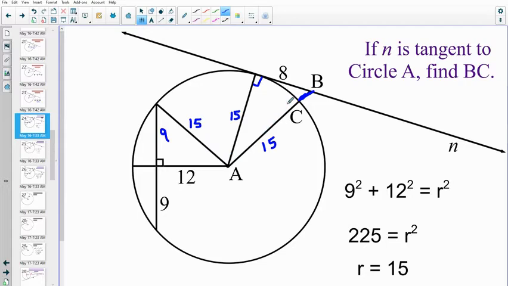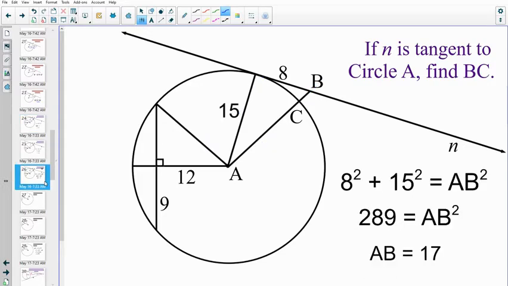Now careful, this 15, that's AC. The rest of this segment all the way out to B is a little bit more than that. And so as I'm doing this, I know this is 15, so I can do a Pythagorean theorem. Again, this is a right angle. We're told that n is tangent, so we can use that. 15 squared plus 8 squared, a squared plus b squared equals c squared. So 15 squared plus 8 squared is 289.